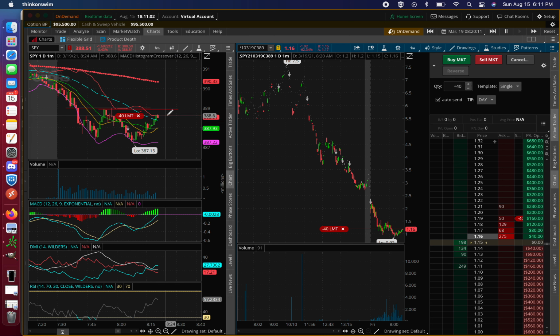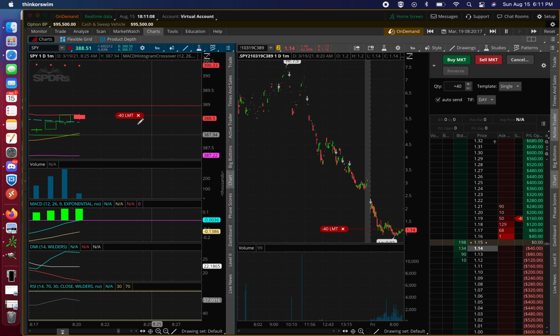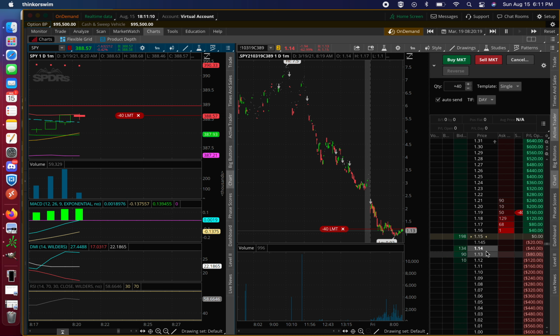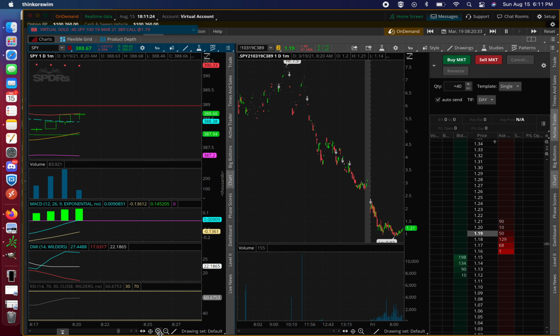Ideally, I would have waited for a small pullback like it's doing now, just to have gotten a price a little bit lower, because a 3% move on this is just about 4 cents. So from 115 to 119, okay, there it got closed out.